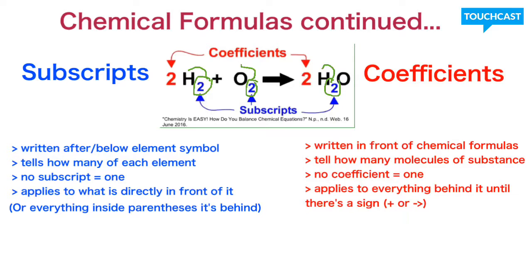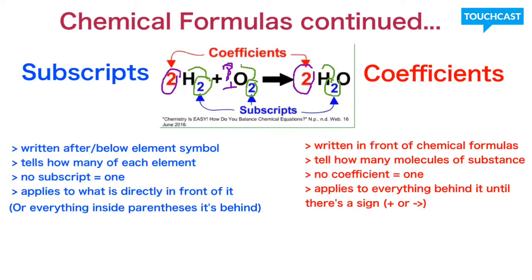Then we have coefficients. Coefficients are these large red numbers. They are written in front of chemical formulas, and they tell you how many molecules you have of a substance. If you don't have a coefficient, like there is one missing here, then it is assumed that there's a 1 there.